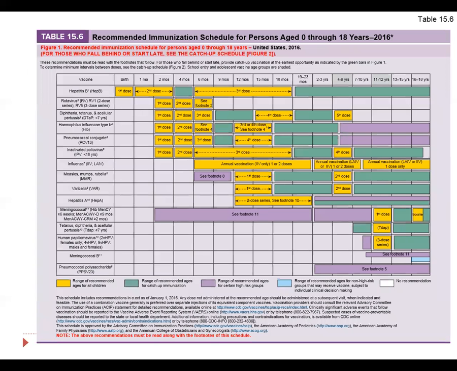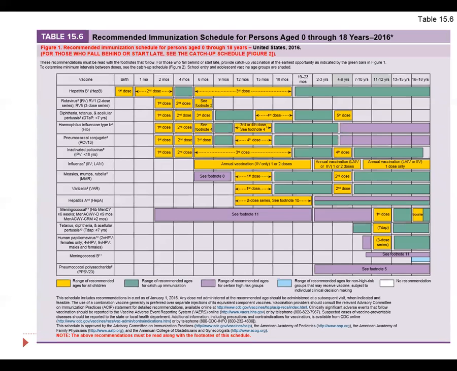This table shows us the schedule of recommended immunizations for people under the age of 18, basically showing us what they're supposed to have through their school-aged years. A lot of vaccinations are going to take place before they're really 2 or 3 years old.